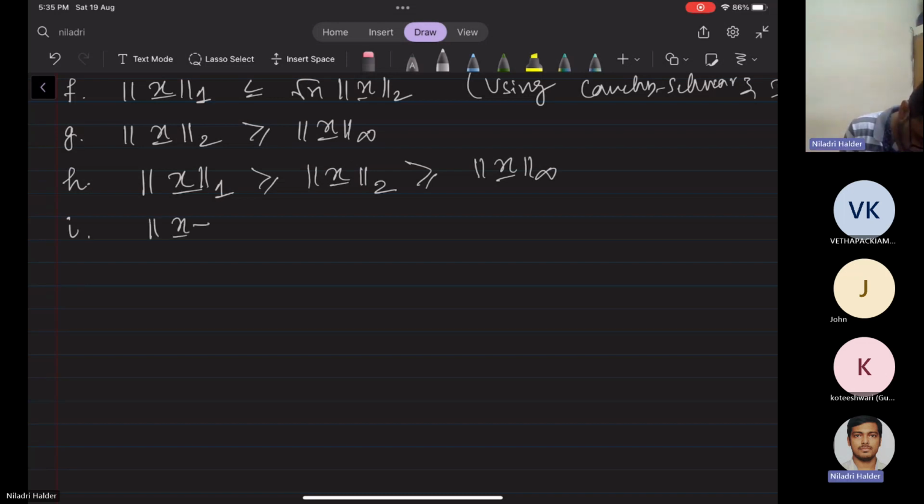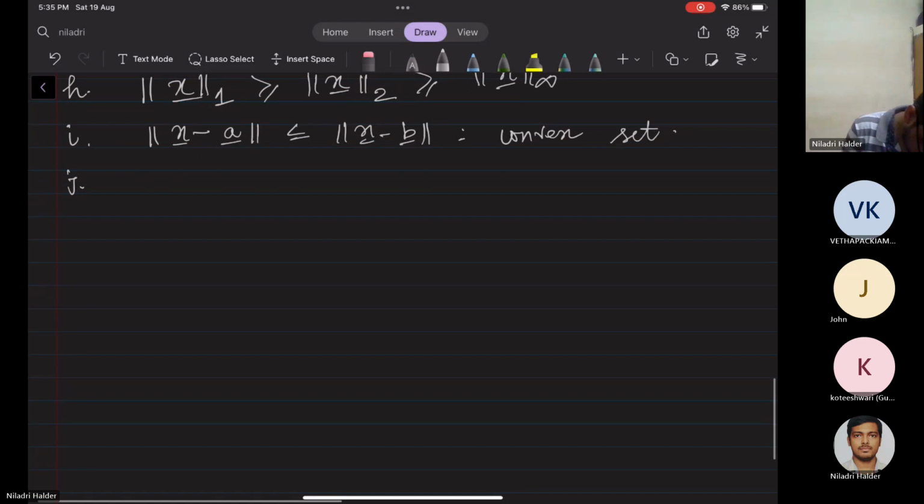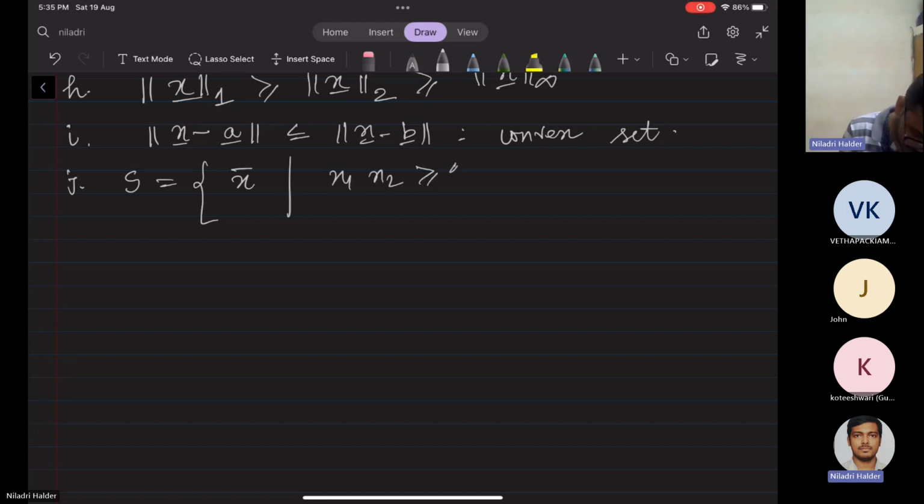He has mentioned that suppose x is a vector, then this is also a convex set. So there is a set S, which takes all the vectors x such that x1 x2 is greater than or equal to 1, x1 is greater than or equal to 0, and x2 is greater than or equal to 0.